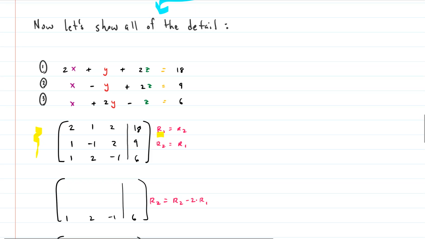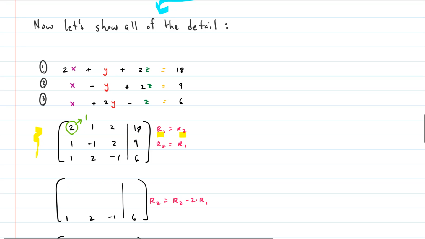So row 1 is going to be changed to row 2. The first thing I need to do here is make this element a 1, because we're trying to transform this matrix into rref.